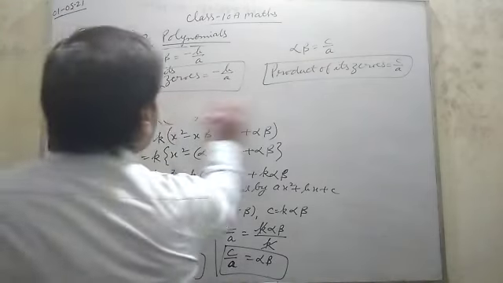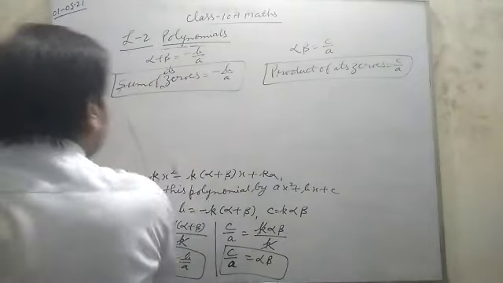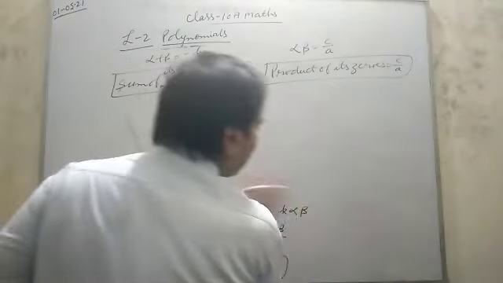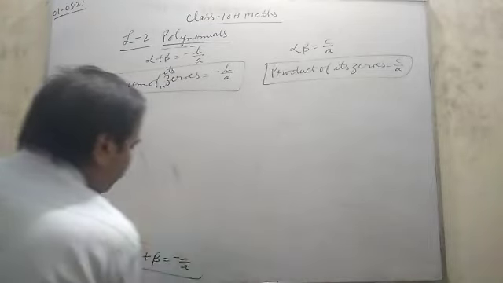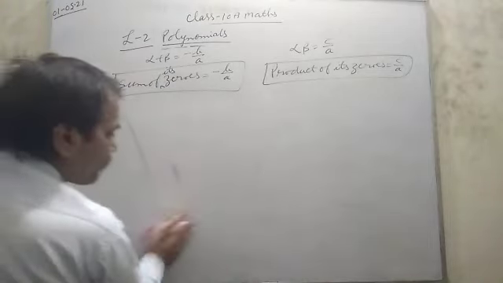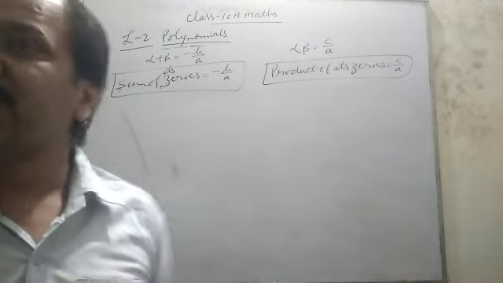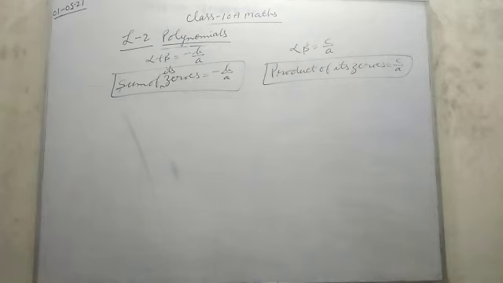We can find that by many methods, depending upon the quadratic polynomial: by the factorization method, or by some formulas like a square minus b square. It depends upon the question, what is given.